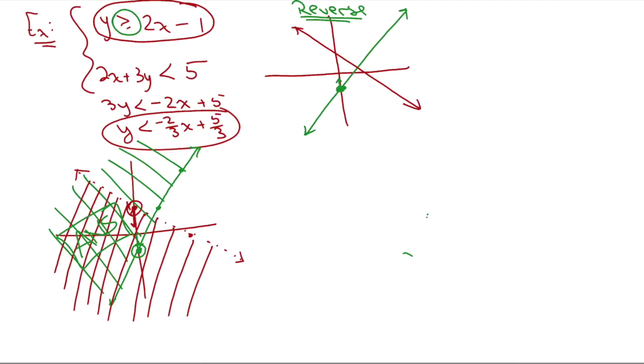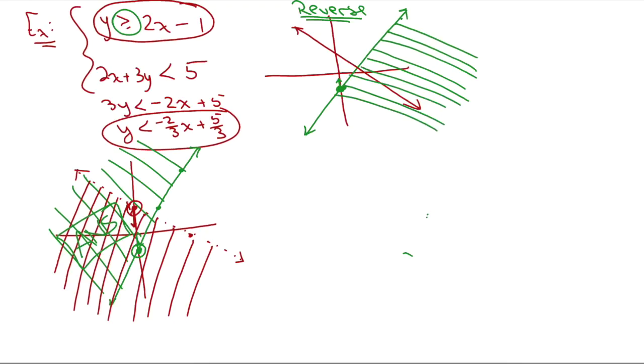But with reverse shading, you don't shade that side. You shade the opposite, so you're going to shade this side. Basically what you're saying is none of these points are solutions to that first inequality, so none of these points are part of our answer. In other words, you're getting rid of points instead of including points.